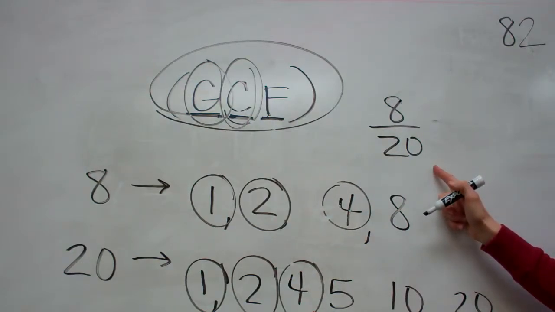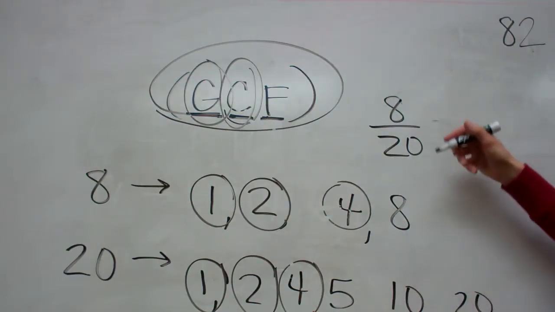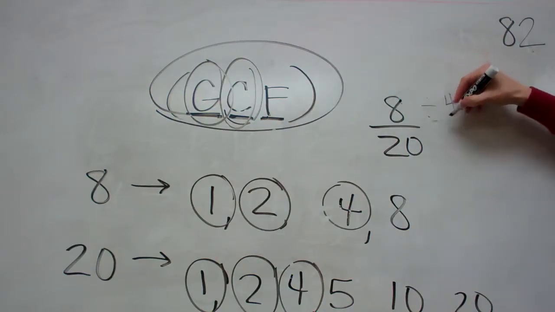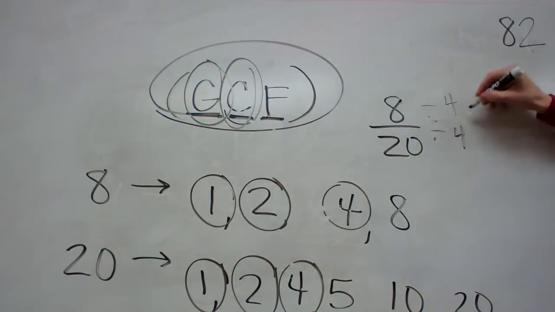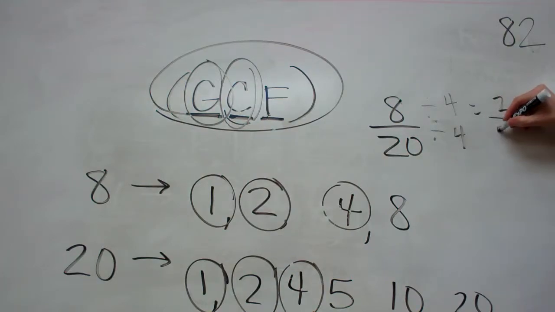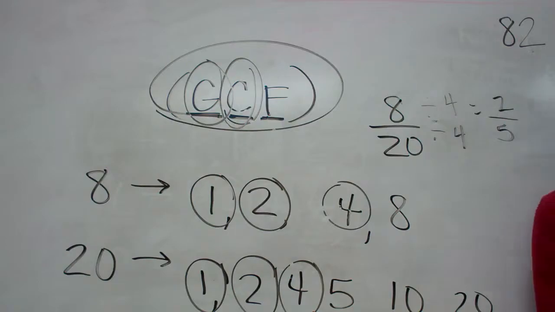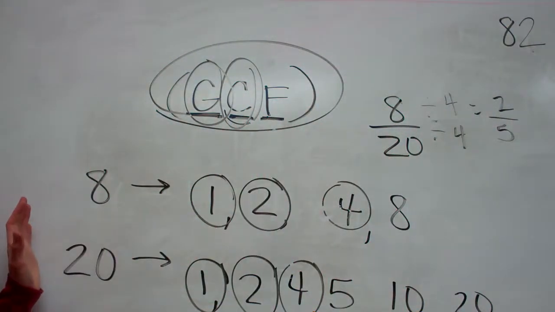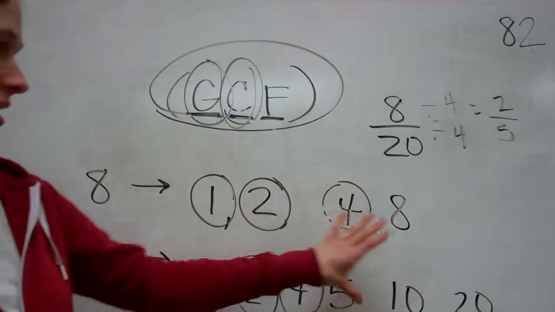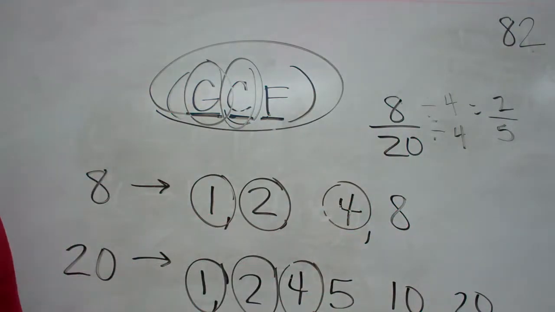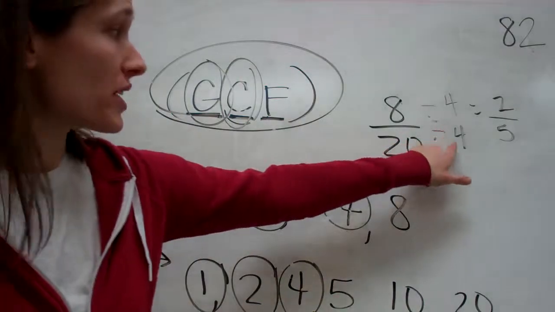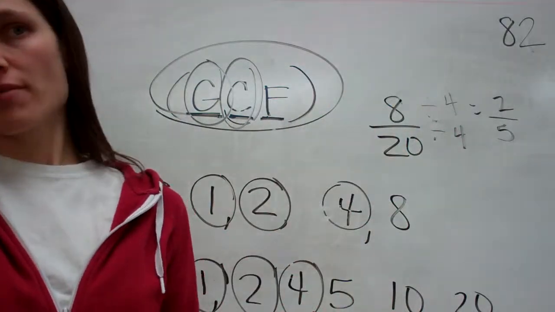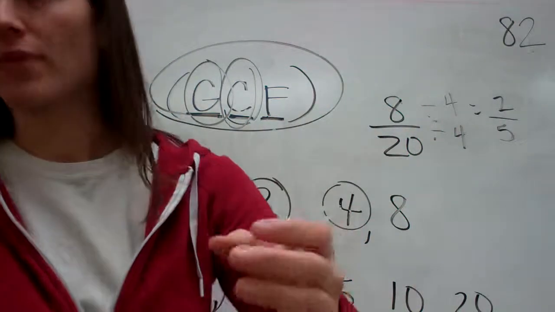So 4 goes into 8 two times and into 20 five times. I would get 2/5. Very good. Understand? It seems like a very complicated problem, but it just decided for us to do two steps. They found the greatest common factor, and then they said, since that's the greatest number, let's use it to reduce this. Understand? Okay.